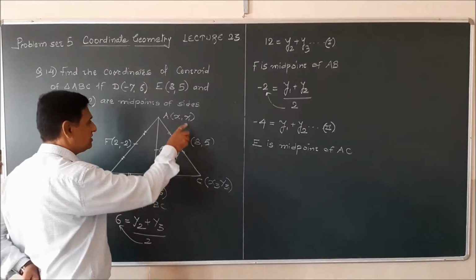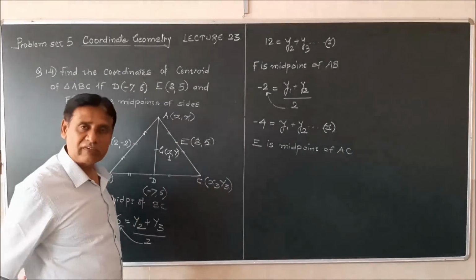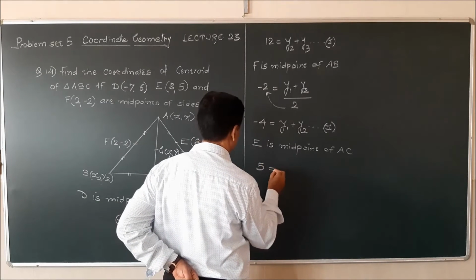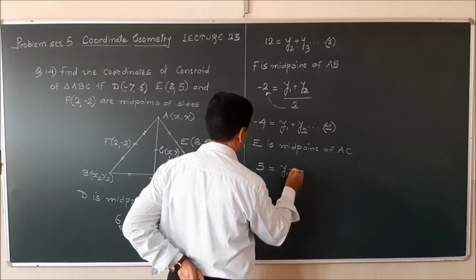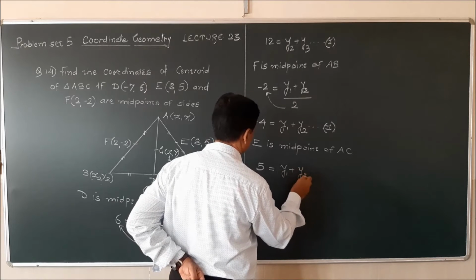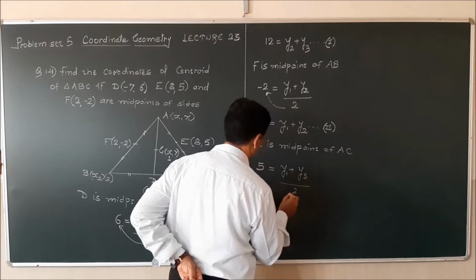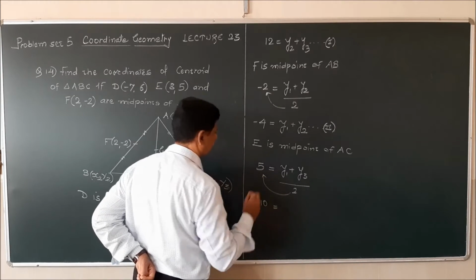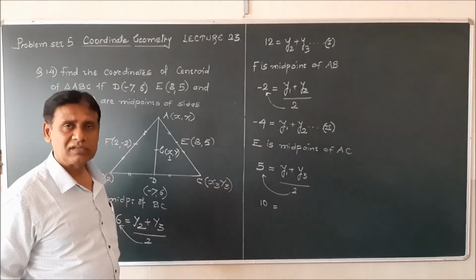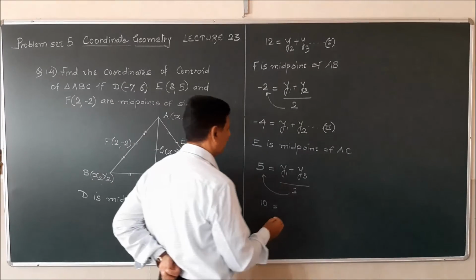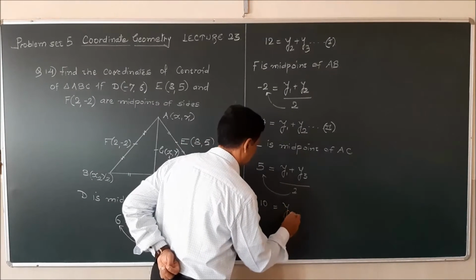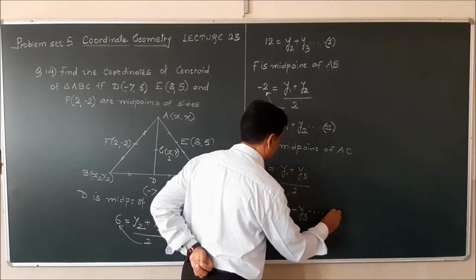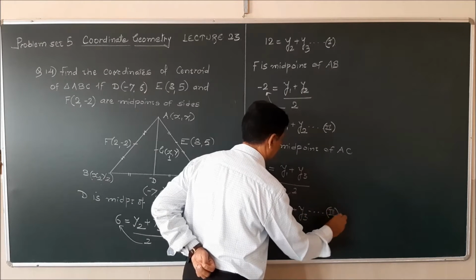So 5 is equal to y1 plus y3 upon 2. Just transfer it to the left hand side: 10 is equal to y1 plus y3, since 5 2s are 10. So this is our equation number 3.